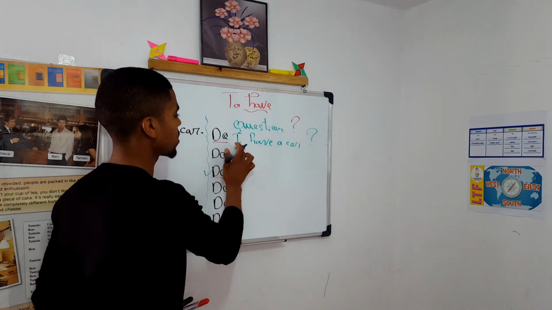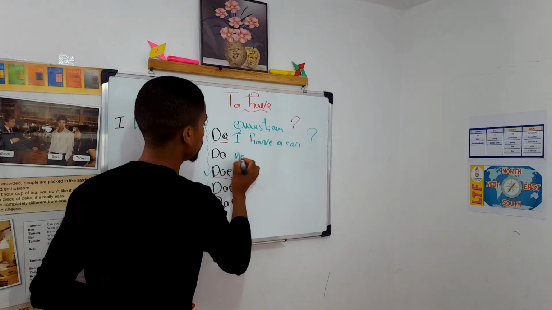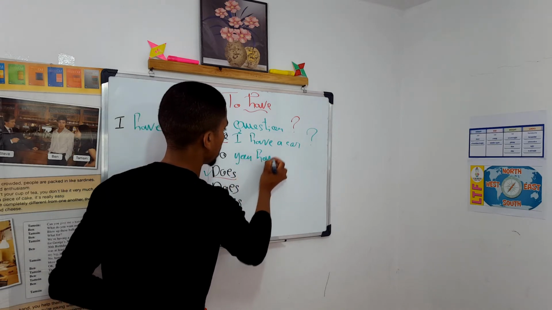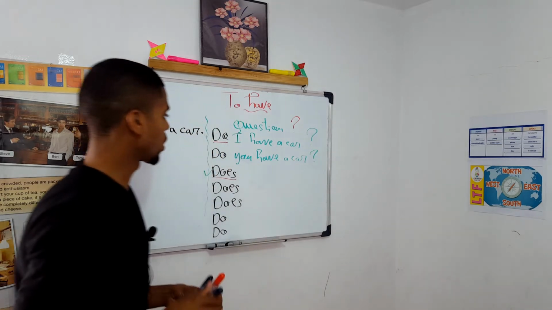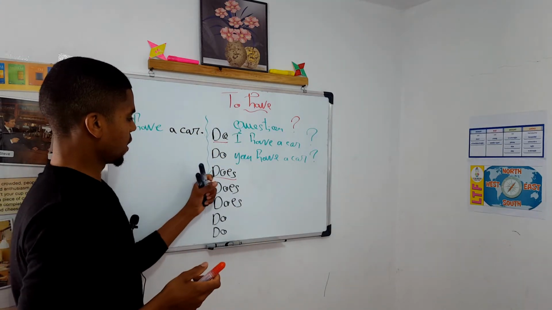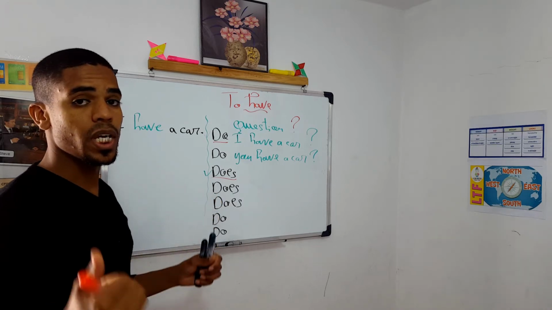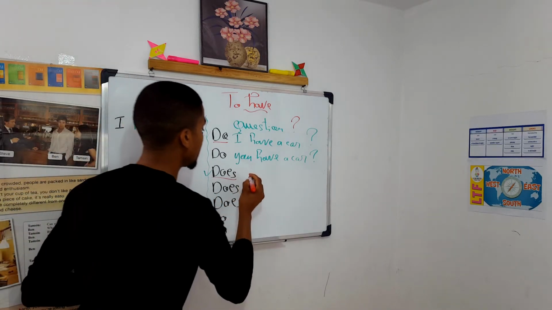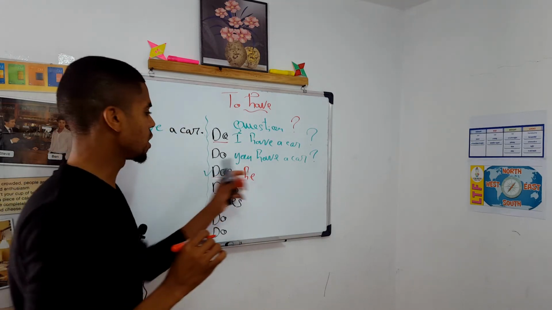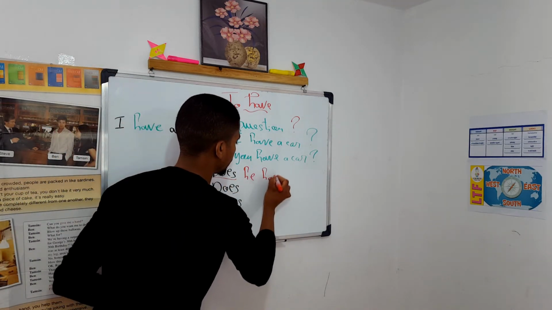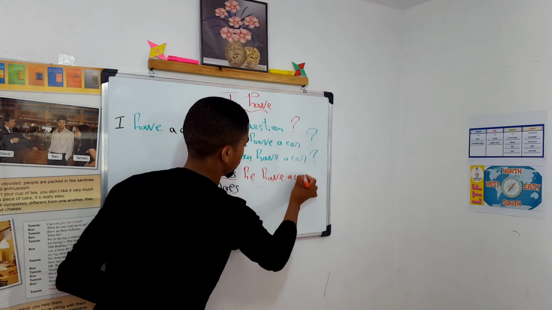We have do plus subject. Do you have a car? Same. And you put a question mark at the end. Does we use with he and she and it, and we say does he. We didn't say do he, we say does he have a car.